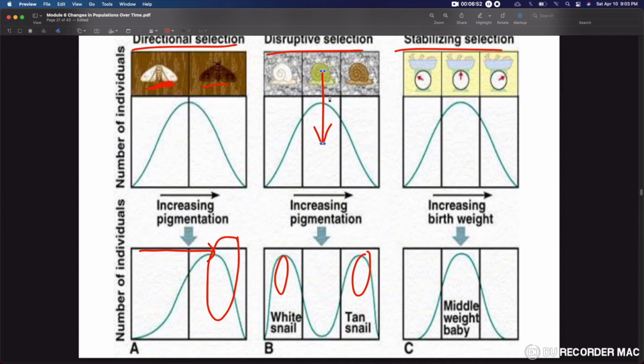Now for stabilizing selection, in the case of birth weight of babies, this is stabilizing selection since the extremes are selected against and the middle weight baby, the middleweight champion of the world, was selected. Because if you have a larger baby, that would put pressure on the mother.